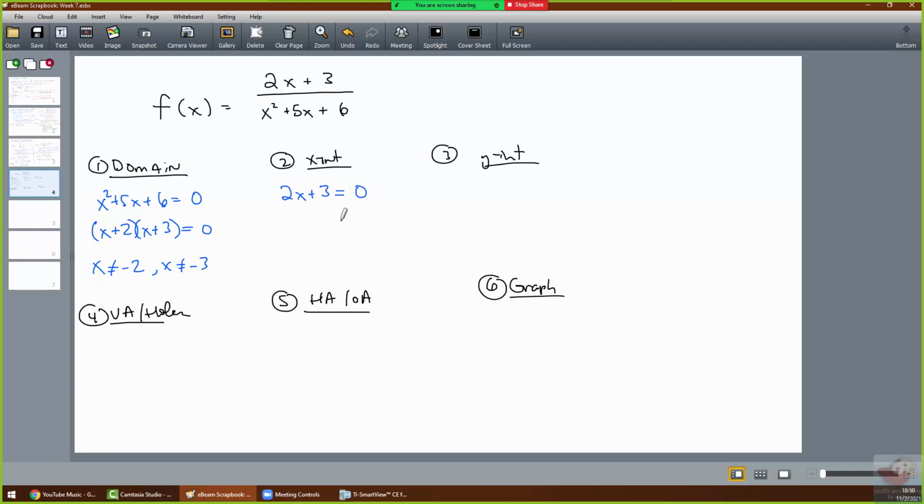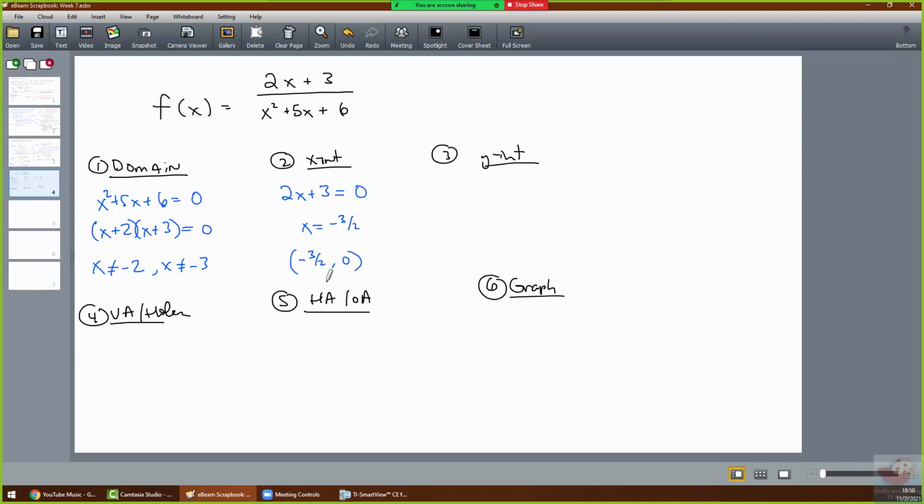So one more time, you only consider the numerator if you're talking about x-intercepts. Do not carry that over to any other part. Well, here, if we solve for x, we get negative 3 halves. Our x-intercept is negative 3 halves, comma 0.